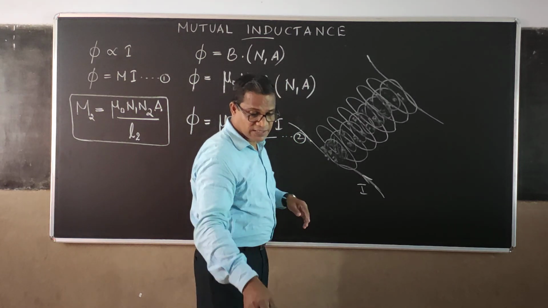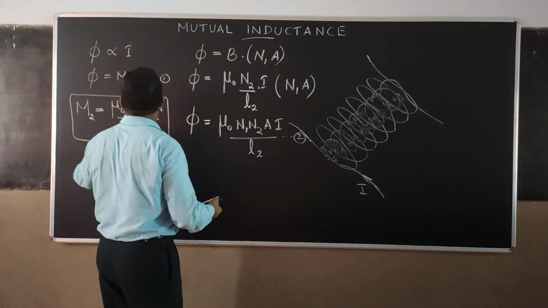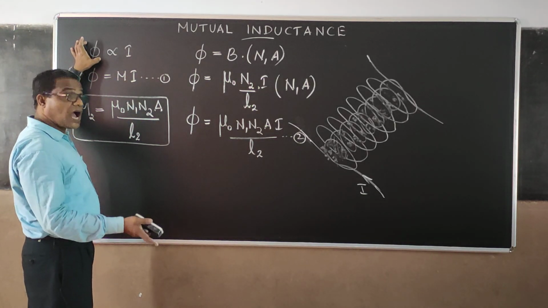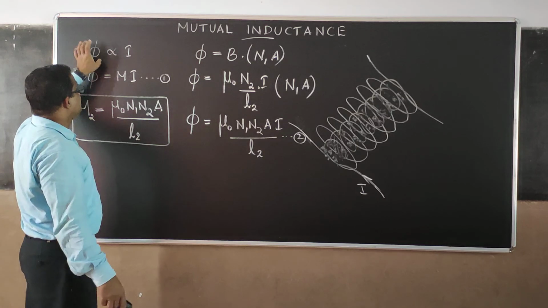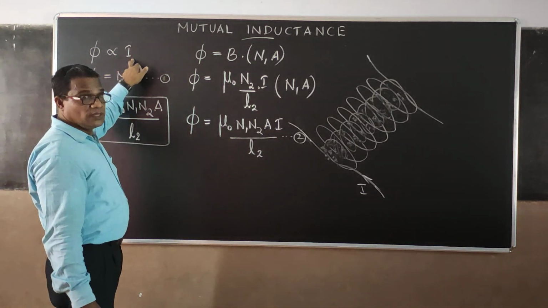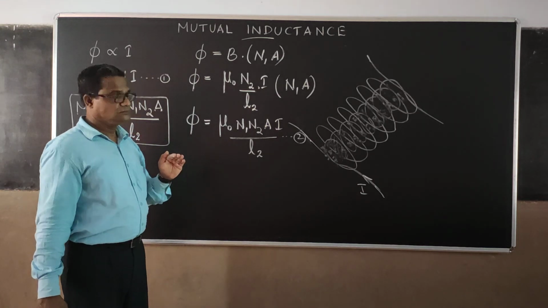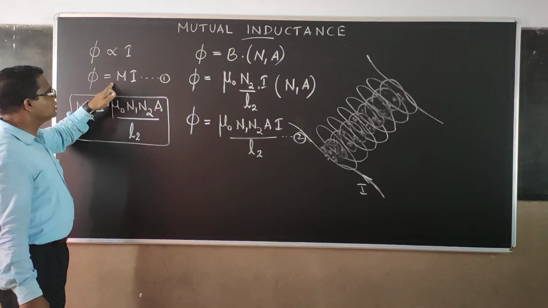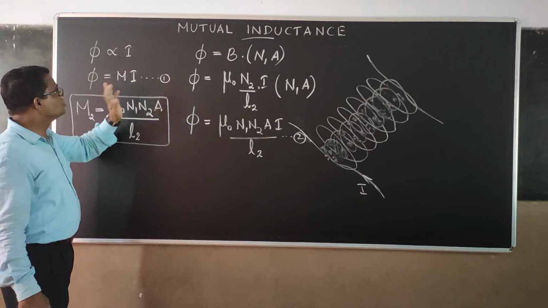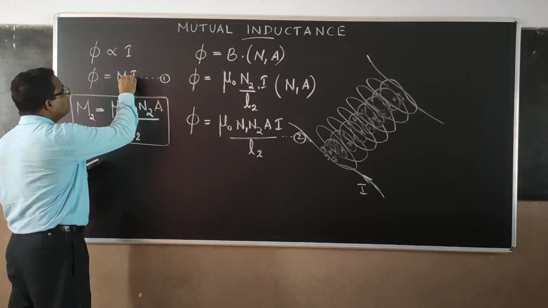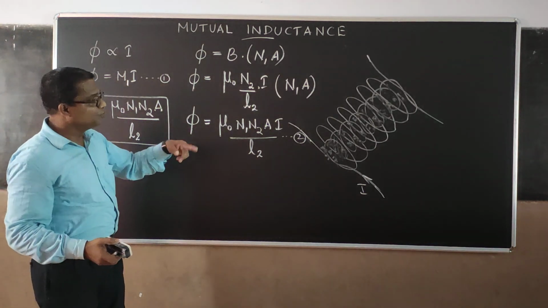Then, if you consider that case again, let us start with flux phi linked with the outer coil directly proportional to the current flowing through the inner coil. Then phi is equal to M into I, where M is the mutual inductance, and here let me take this M to be M1 because the current is flowing through the inner coil.